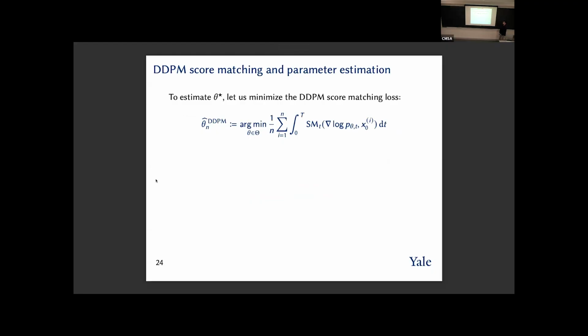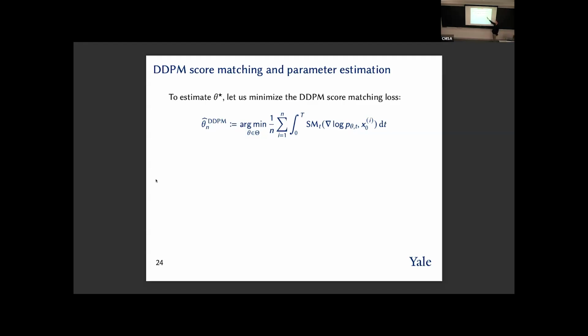What we can do is define the DDPM analog of score matching in the parametric setting. This is very similar to how we learn the score functions in diffusion models. There's one difference though: when we learn score functions for diffusion models, we learn a different score function at every single time.